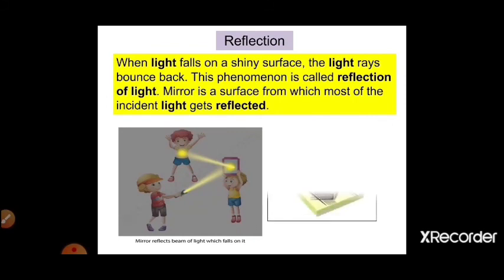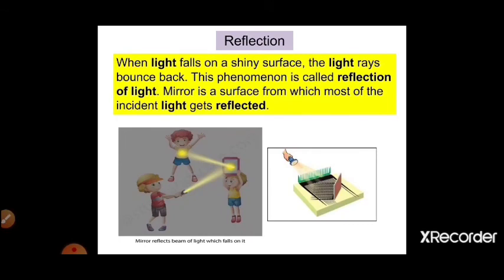And like that, if you keep one mirror, then a little bit far you can keep a comb, and you can see how the light reflection is happening. So this is about this chapter.